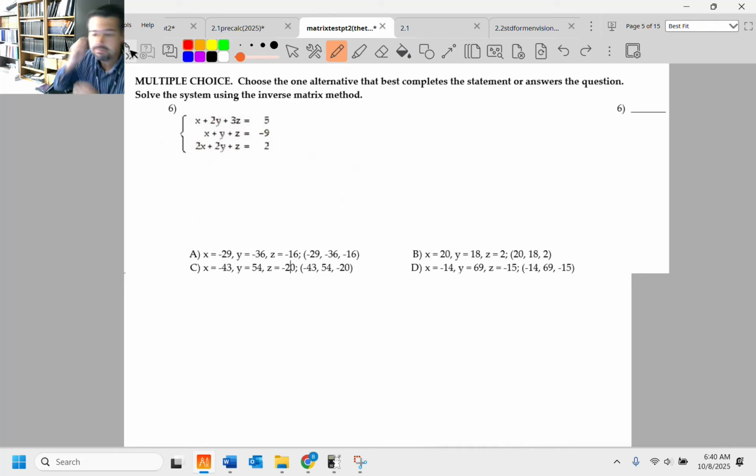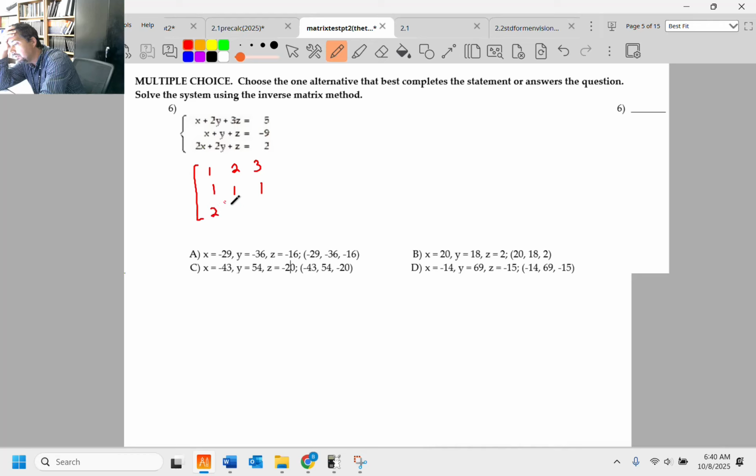So the inverse matrix method is a little bit different. You create two matrices. The first one is the coefficient matrix, which is 1, 2, 3, 1, 1, 1, 2, 2, 1. That comes from this. You raise it to the negative first power, because you're finding its inverse.